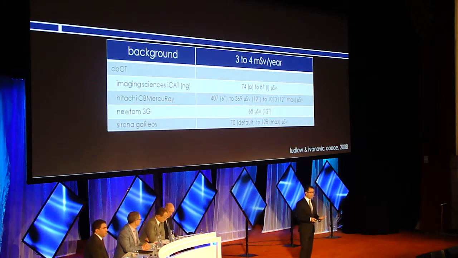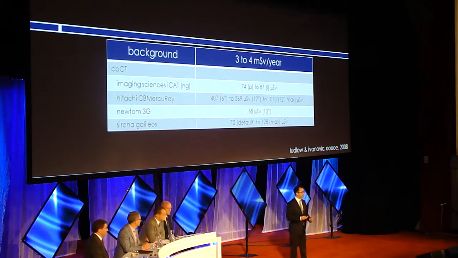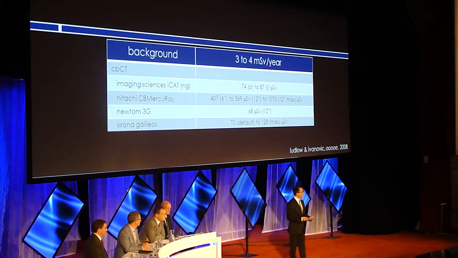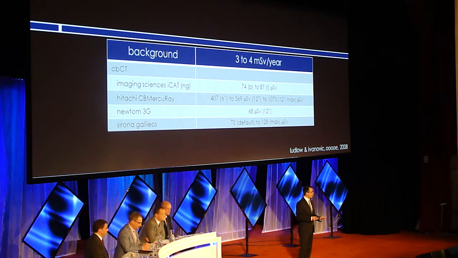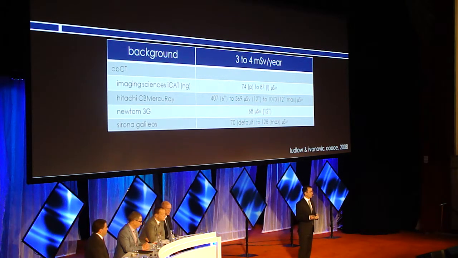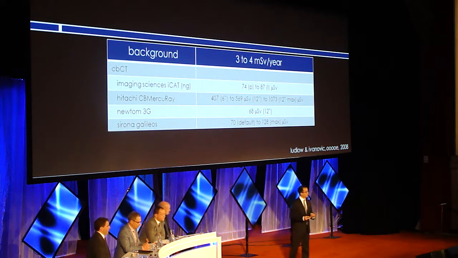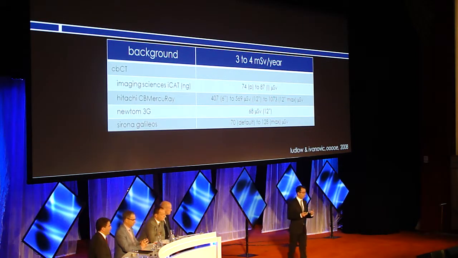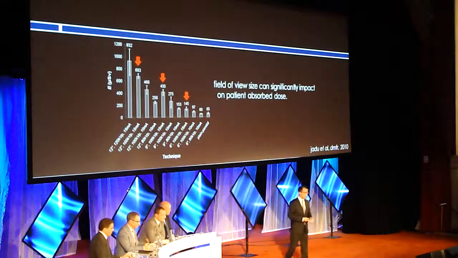Well, these different machines all have different image receptors. They all operate at different kVp and mA. Some of these machines emit radiation in a continuous stream, where others will emit radiation as a pulse. So obviously, for pulse machines, the radiation dose is less.